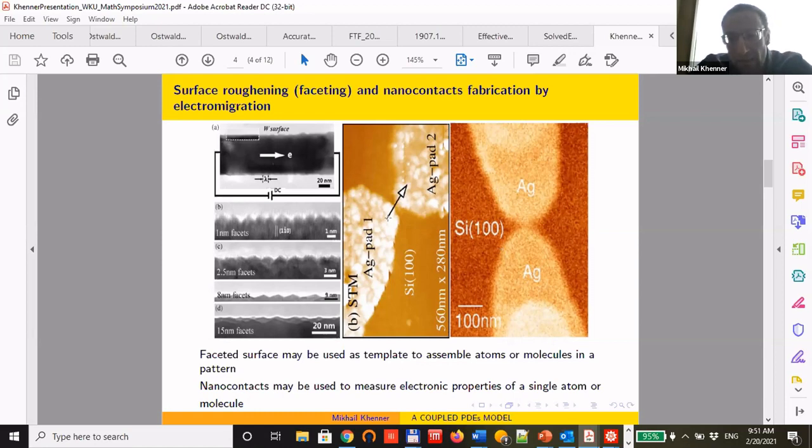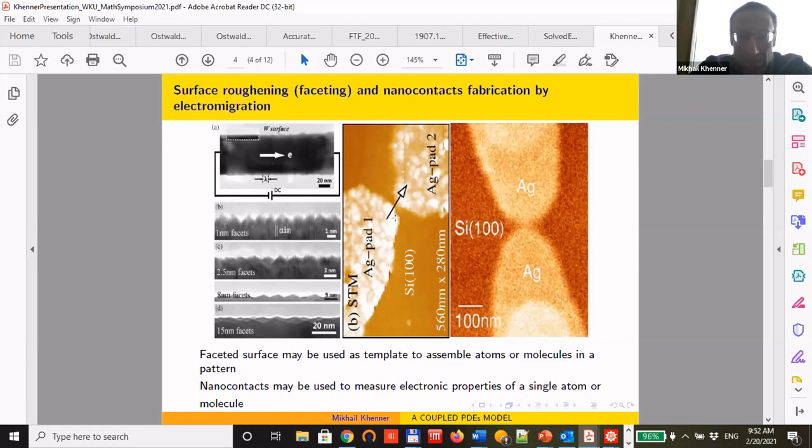Another application, which is very recent and has a lot of research, is the creation of nanocontacts by electromigration. Here, one has a very thin metal film, like a silver film deposited on silicon. In a controlled fashion, one can break this film in two parts by applying electric current.